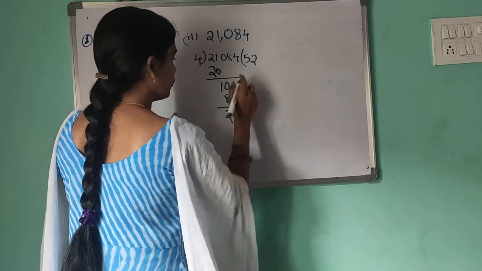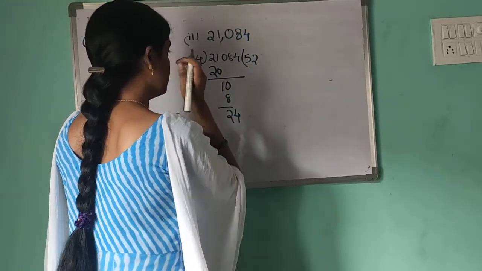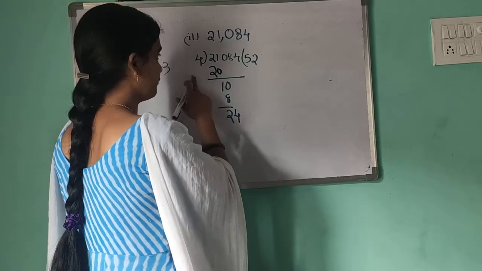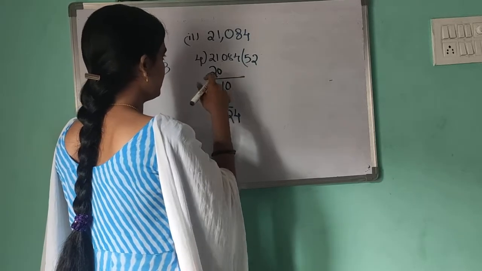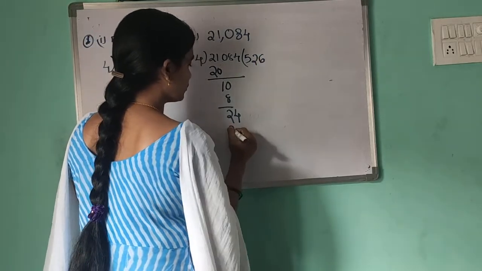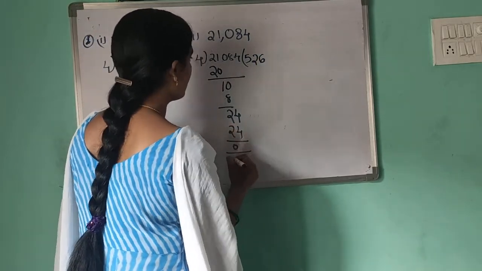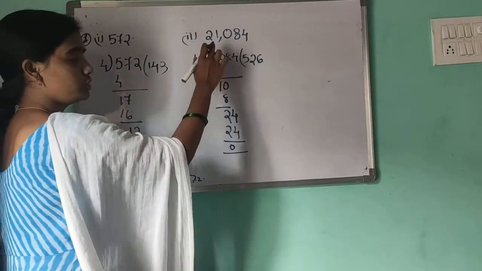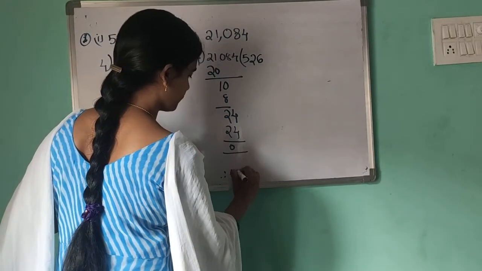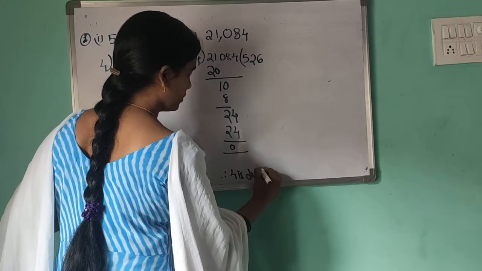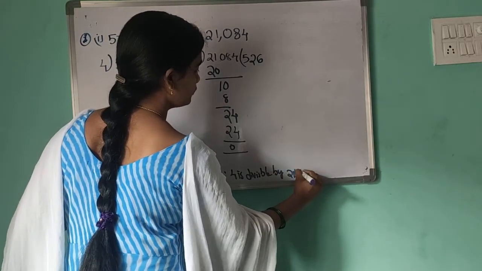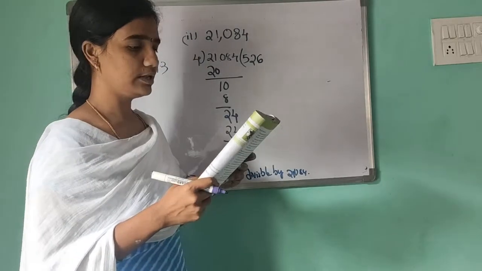Remainder is 2, 4. 6 4s are 24. So remainder is 0. So 21084 is divisible by 4. Let's check third one.